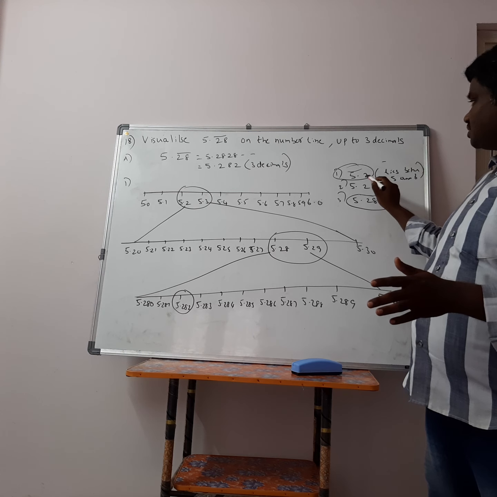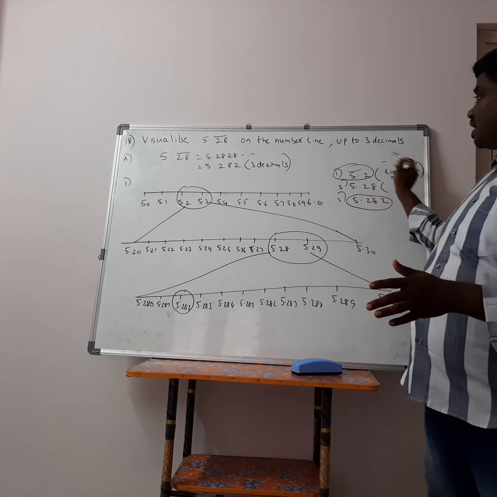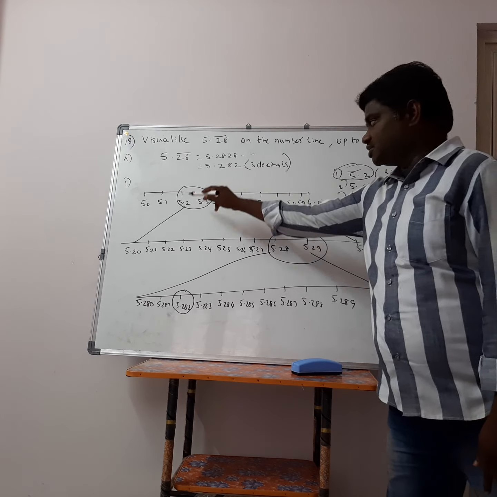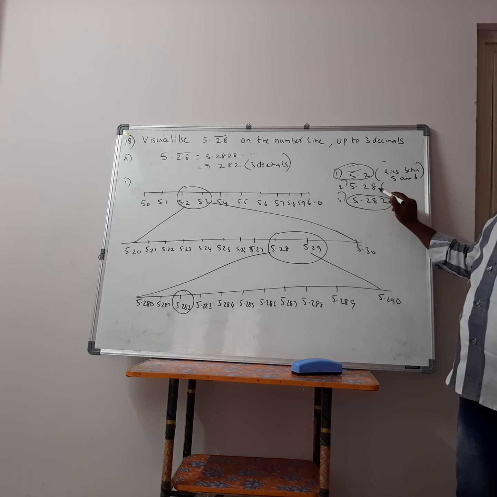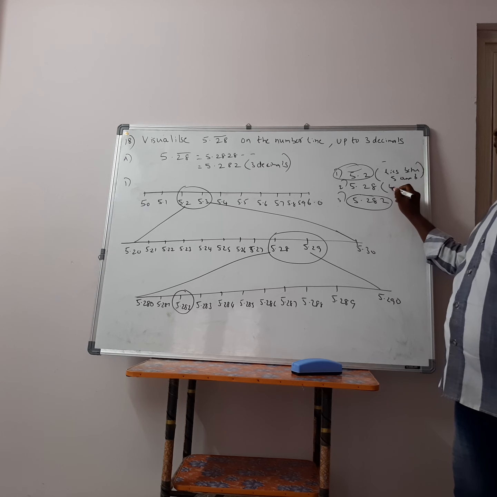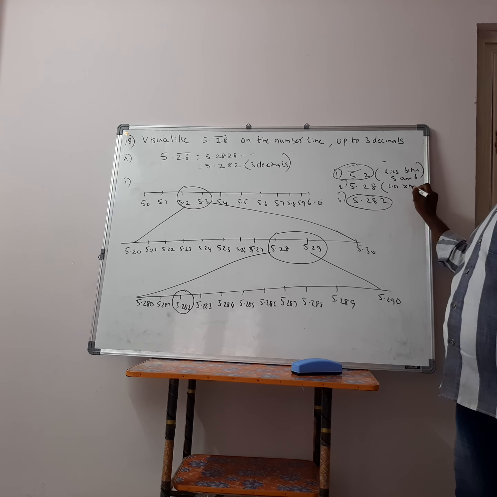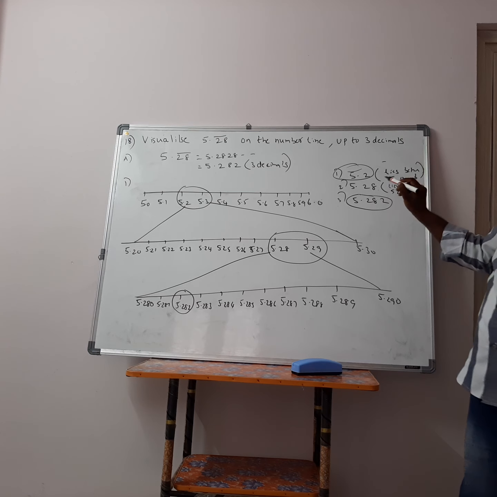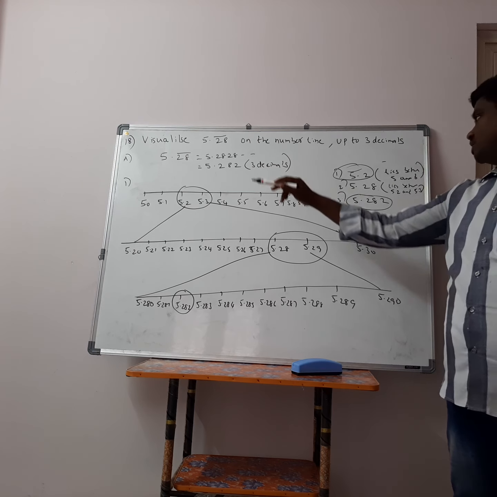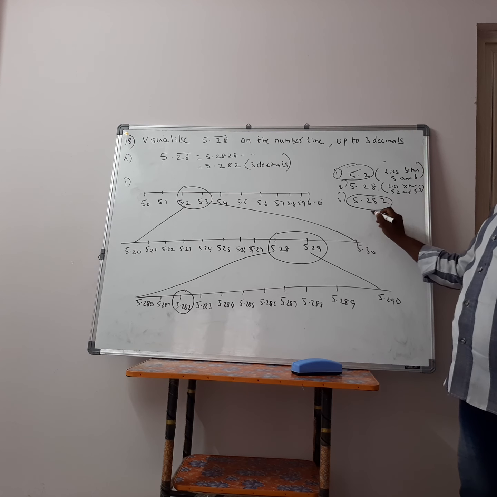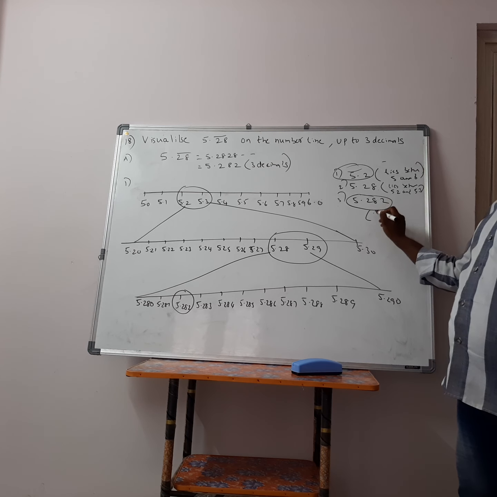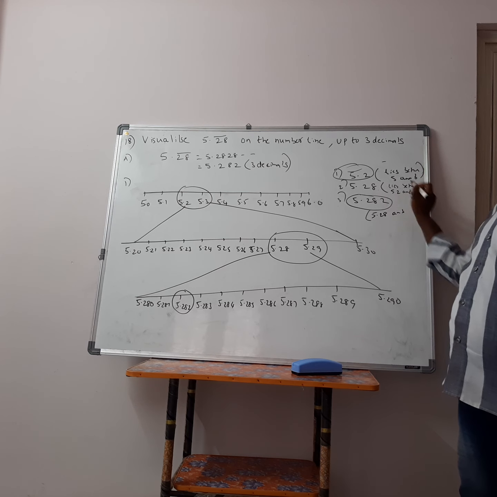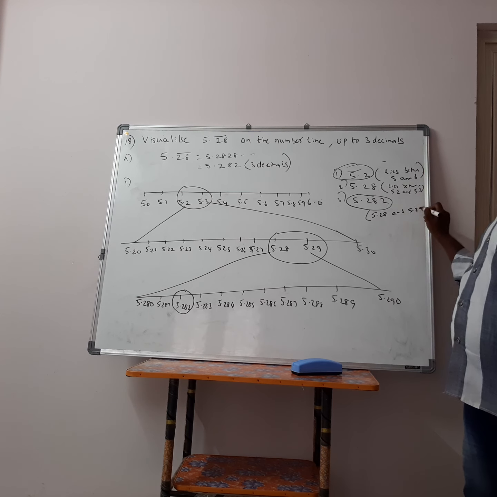5.28 lies between 5.2 and 5.3. Next, 5.282 lies between 5.28 and the next number 5.29.